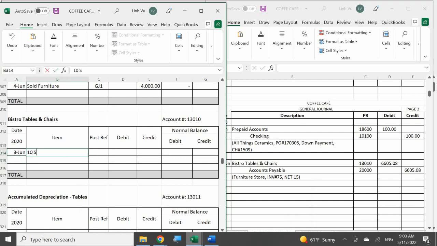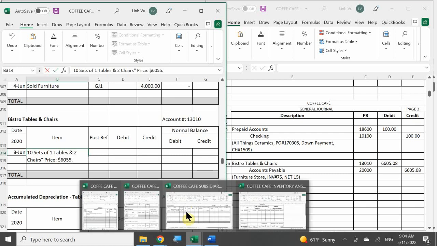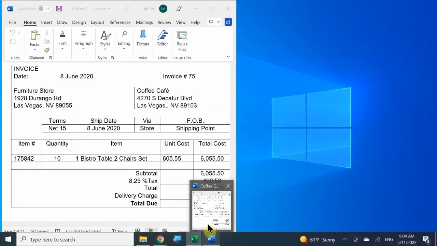Ten sets of one table and two chairs. That cost me $6,055.50.